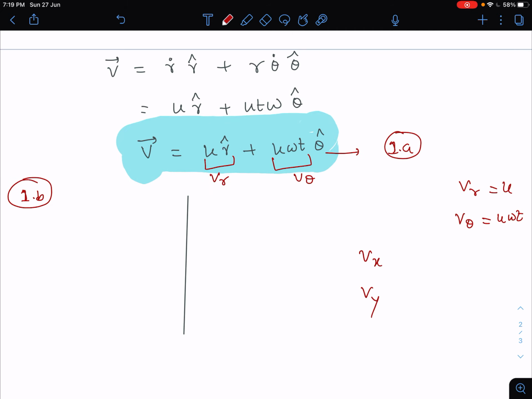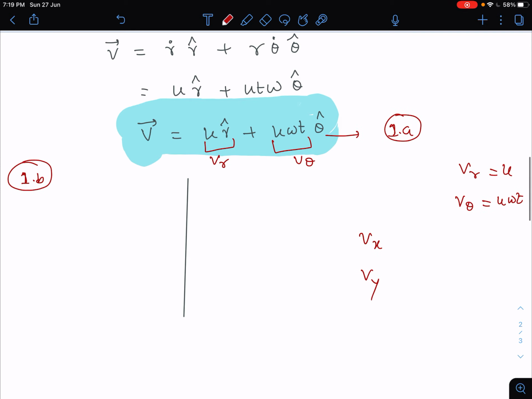So the smart strategy is to determine Vx and Vy as a function of Vr and V theta, which is the easier thing to deal with. So we need a transformation rule for computing Vx and Vy in terms of Vr and V theta.